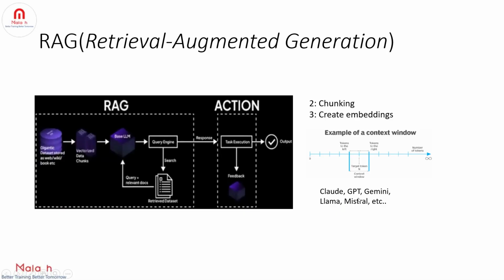And GPT 3.5 has 16k tokens, whereas GPT-4 has 128k tokens, right? And Google Gemini 2.0 Flash and Gemini 1.5 Flash come with a 1 million token context window, right? And the older version Gemini 1.5 Pro comes with a 2 million token context window, right?